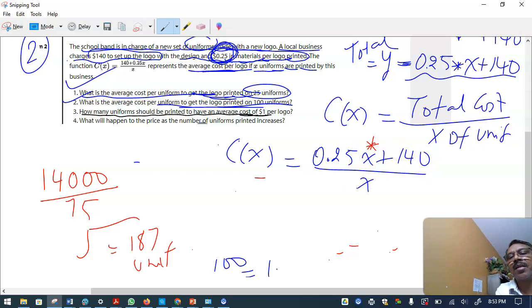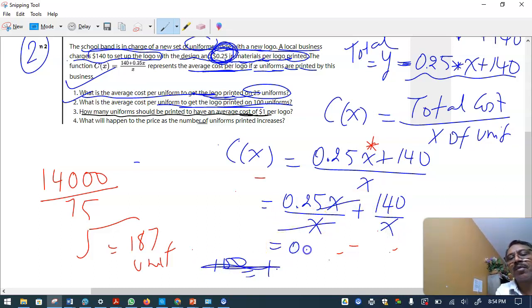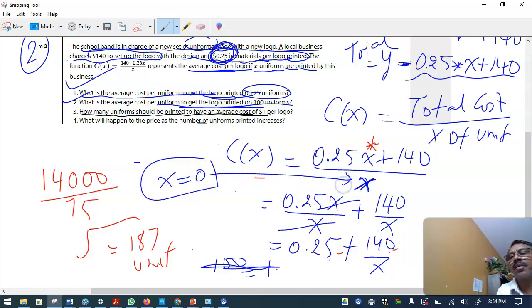So we can separate this and write 0.25x divided by x, and this is plus 140 divided by x. So this x crosses out, you're left with only 0.25 and 140 over x, and you can clearly see, first of all, there is a vertical asymptote at x equals 0 because you can't plug in x equals 0.